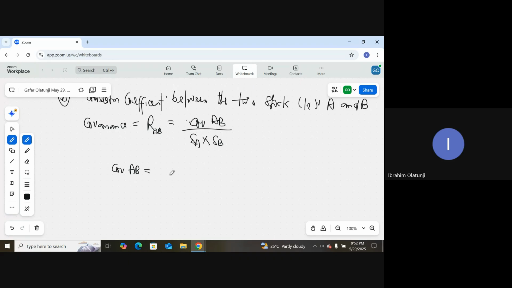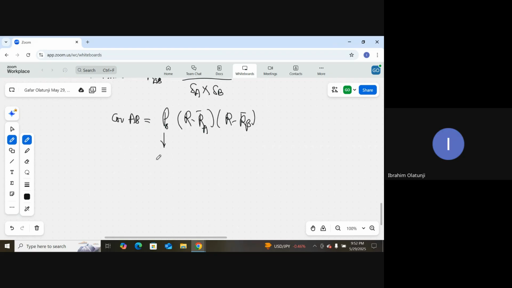This one will be equal to the probability multiplied by R minus expected return of security A, R minus expected return of security B. Since they are using the same probability, it's very easy.